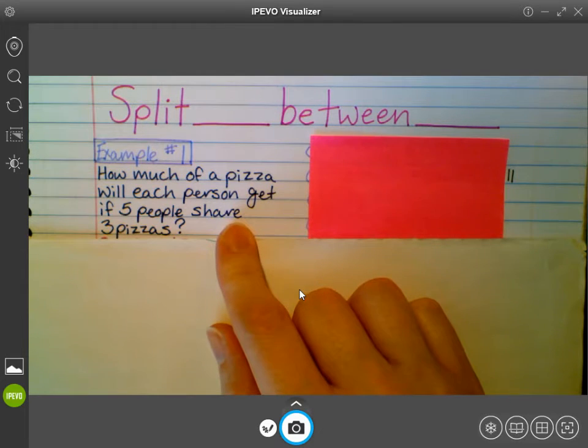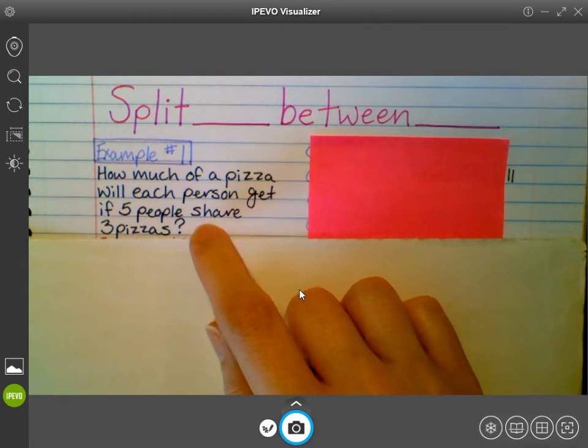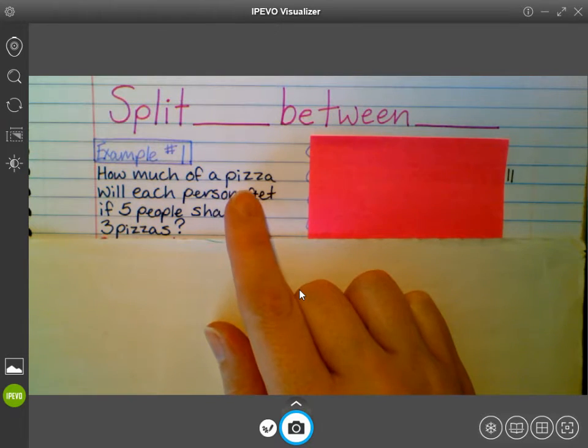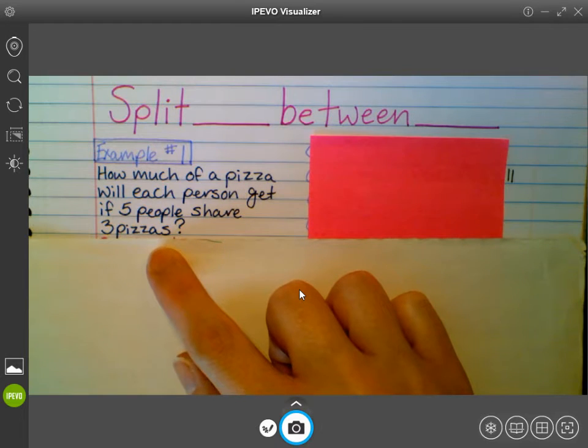No, they're just asking how much of a pizza. That was a really good question for Frankie to ask. Sometimes they'll split it into slices. So they could say, how many slices will each person get if 5 people share 20 slices, for example. In this problem, we just want to know how much of a pizza, and there are 3 total pizzas. So we don't need to worry about the slices in this one. Does that make sense, Frankie?